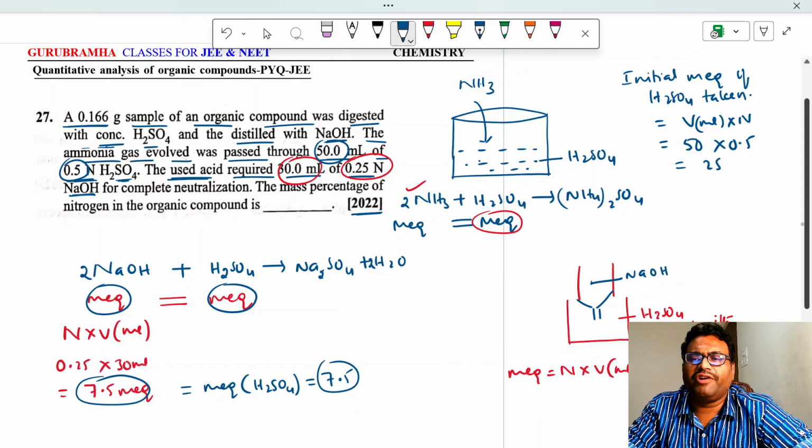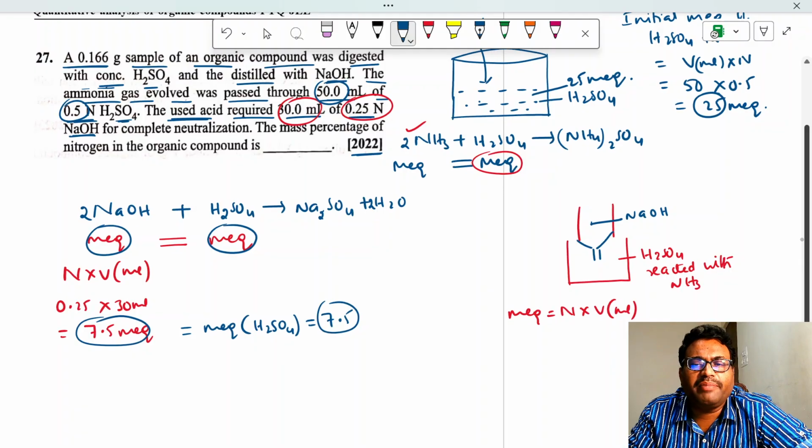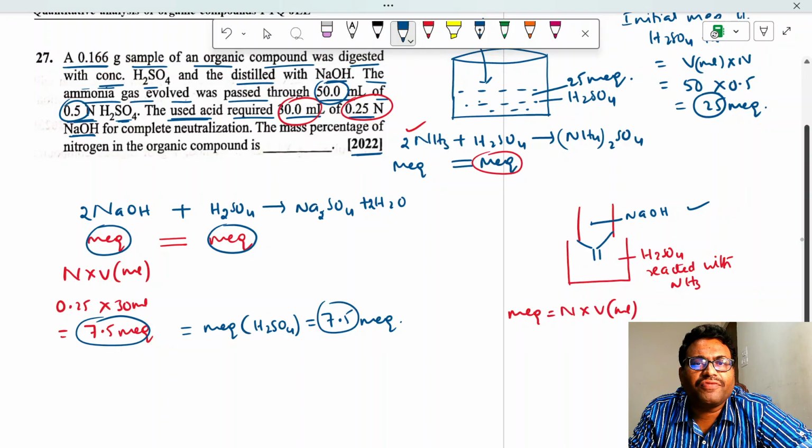Actually, 25 milli-equivalents were originally taken in this container. But how many milli-equivalents reacted? By titrating with NaOH, we have known that only 7.5 milli-equivalents has reacted with NH3. Why are we calculating how many milli-equivalents of acid has reacted with NH3? Because that is used in the formula to calculate the percentage of nitrogen.